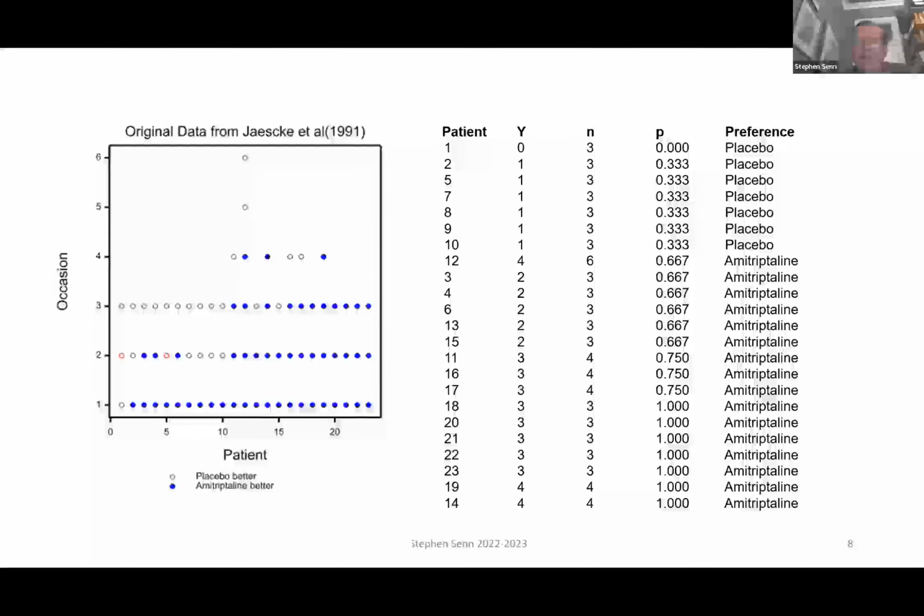On the other hand, patients 18, 20, 21, 22, 23, 19, and 14 all preferred amitriptyline on every occasion. These were studied on 3 cycles in some cases and 4 cycles in others.